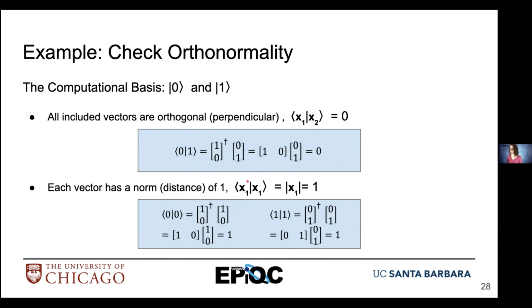So we want to make sure that each vector, the inner product is equal to 1, and that simply means that each vector has 100% probability associated with it. So we want to make sure that that inner product is equal to 1. And then with those basis sets, you can express any state in your quantum system.